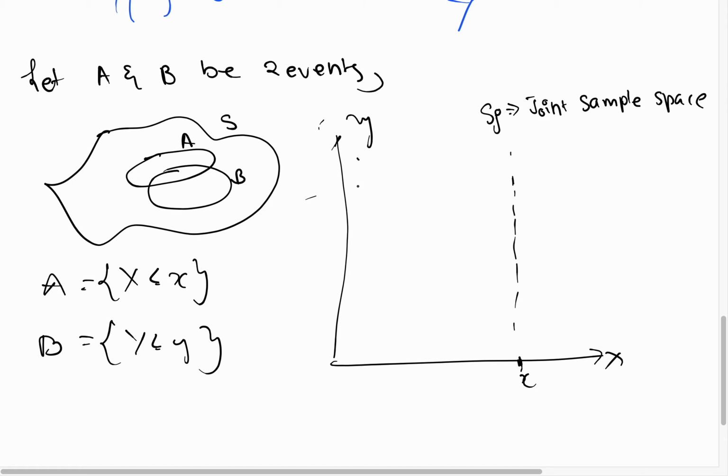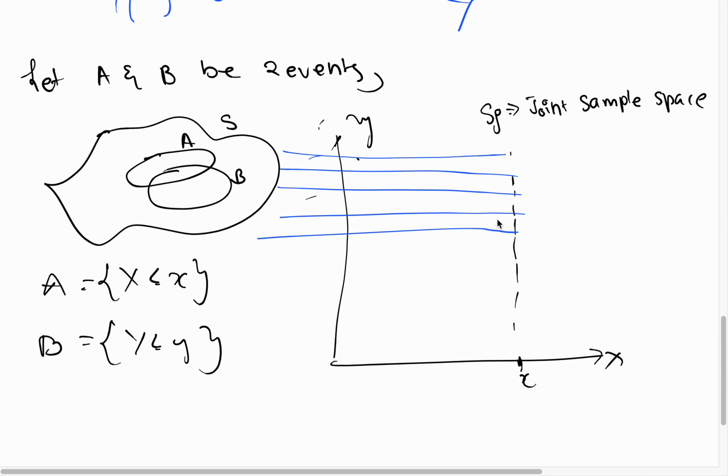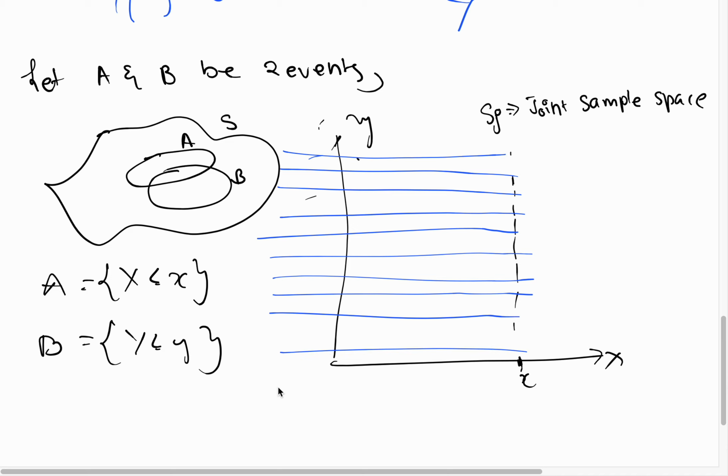Let me choose a different color to understand this, and draw it here for your better understanding.